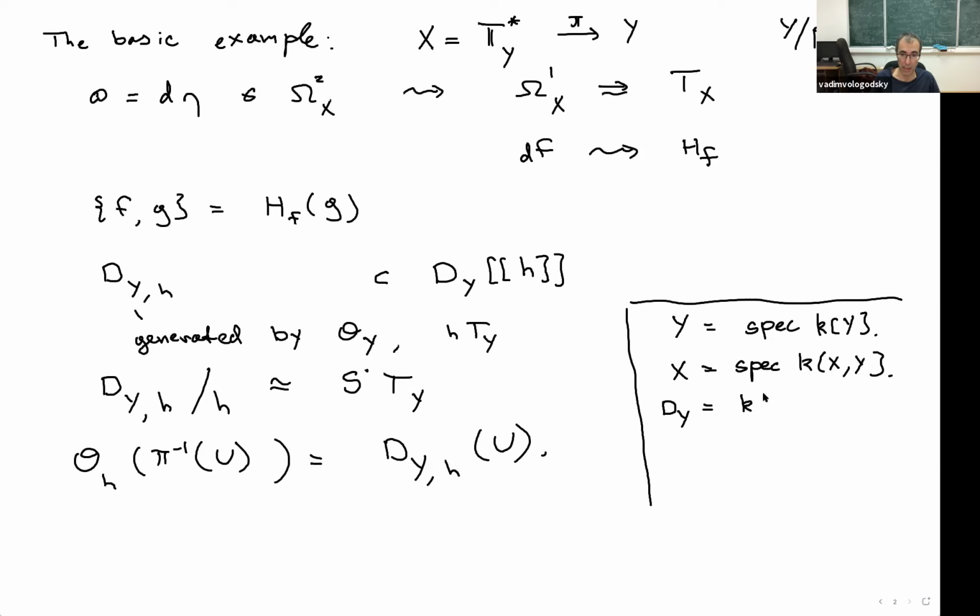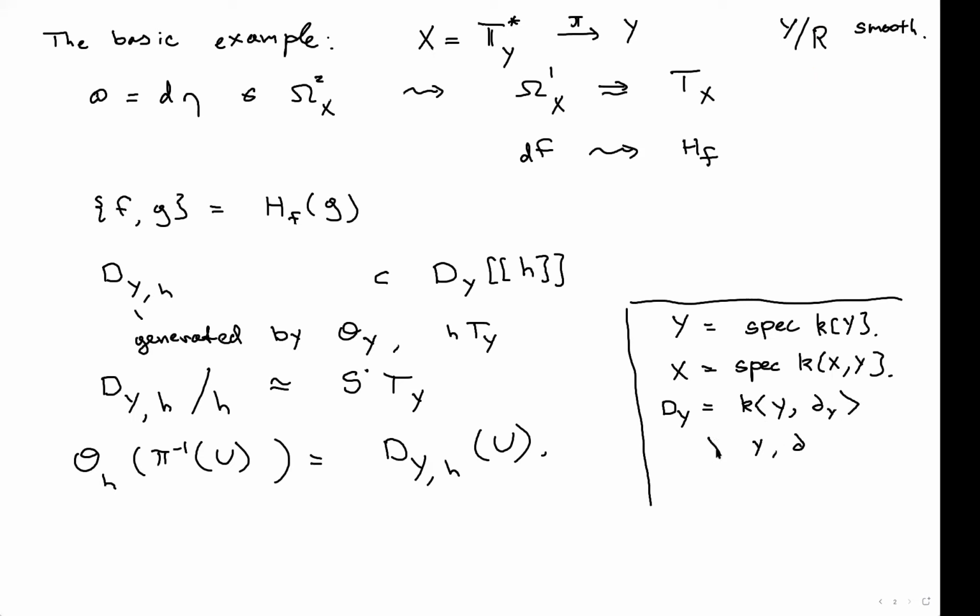It is K of X of Y, D_Y, and the relation is that Y and D_Y commute to give 1.